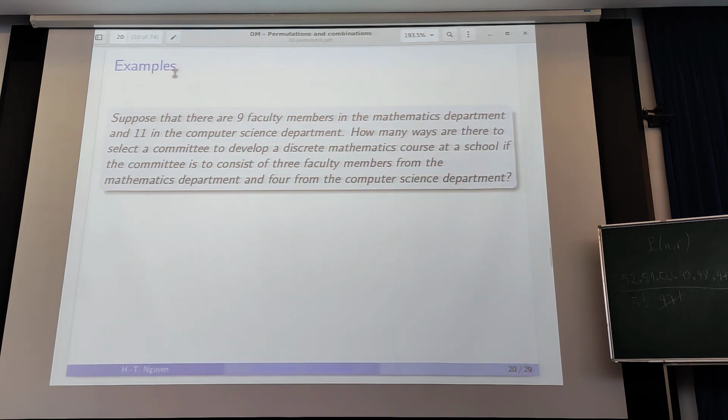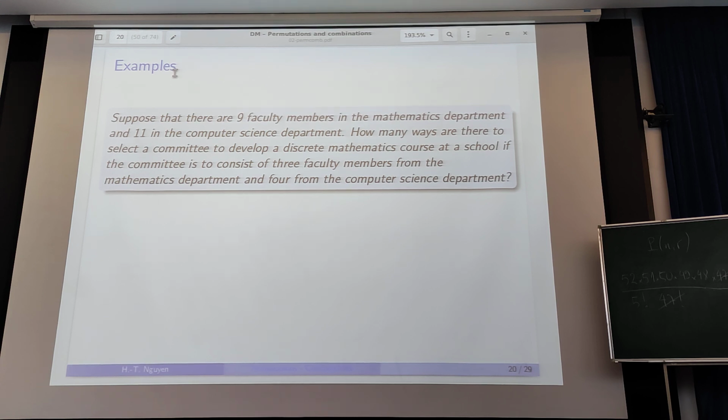Here we conclude this part on combinations with an example, still simple, but with more steps. Suppose that you have two departments, applied math and computer science.